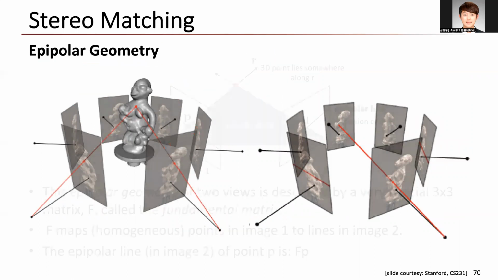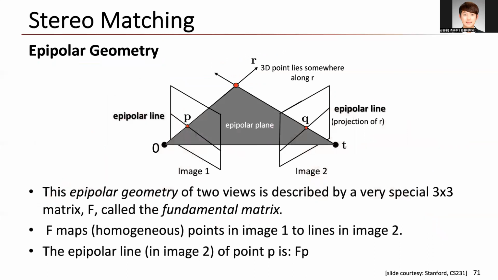So what does it mean? It looks like this. Image one is the left image, image two is the right image. Given image one and image two, this is the real 3D point, and let's consider the point P in image one.